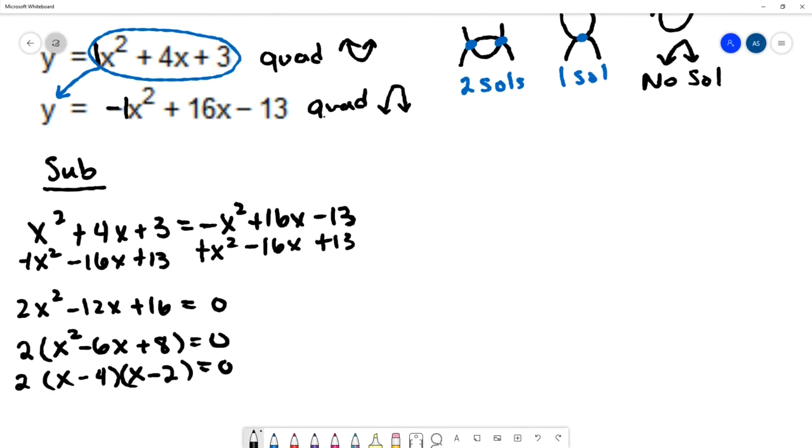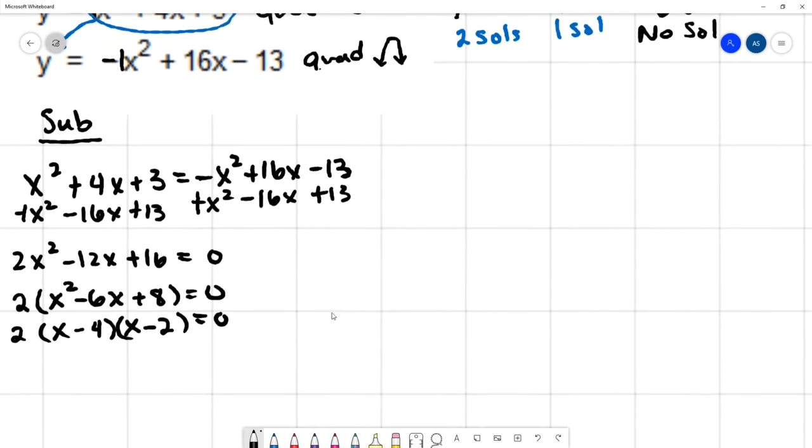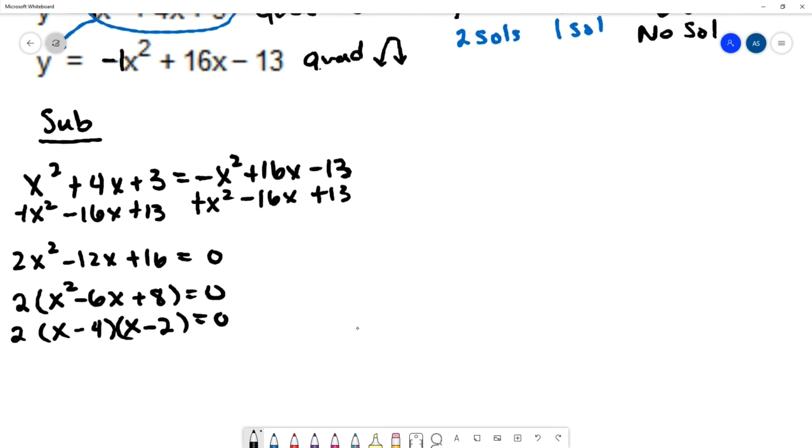Both of them negative will make us have the right middle term and last term. Negative 4 times negative 2 is a positive 8. Negative 4 plus negative 2 will give us the middle term, negative 6. So now we have it factored, and we're going to set each factor equal to 0. X minus 4 equals 0. X minus 2 equals 0. We solve and get x equals 4 and x equals 2.